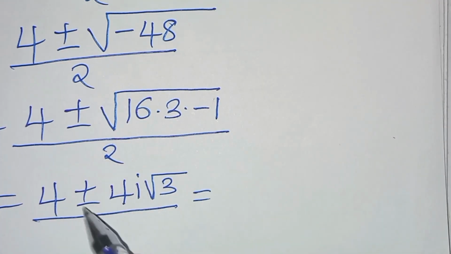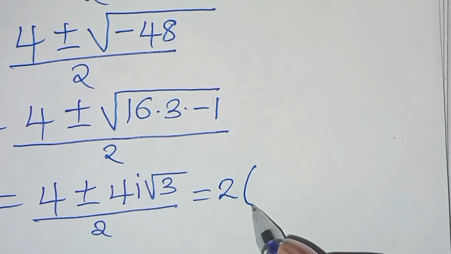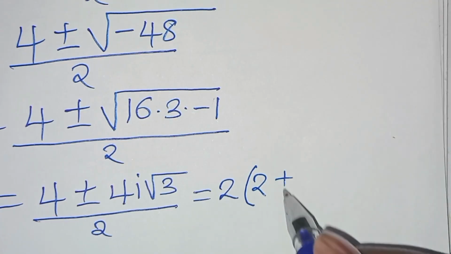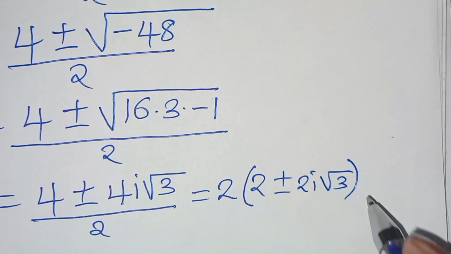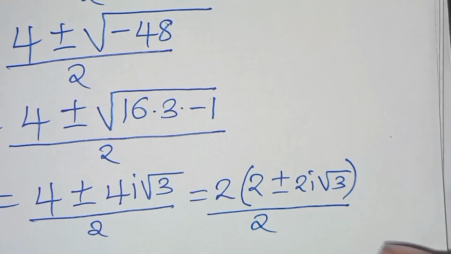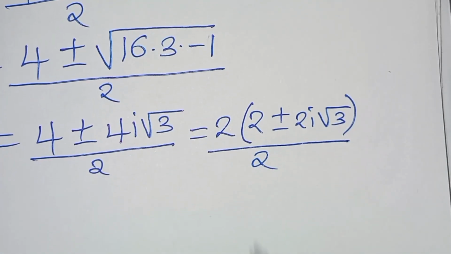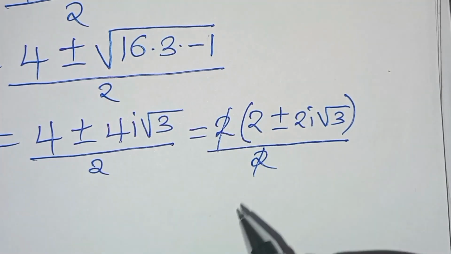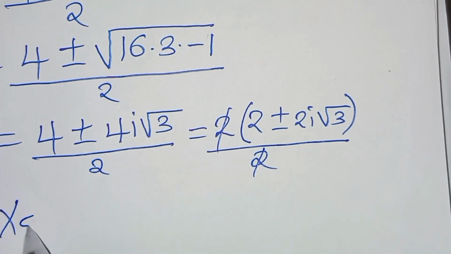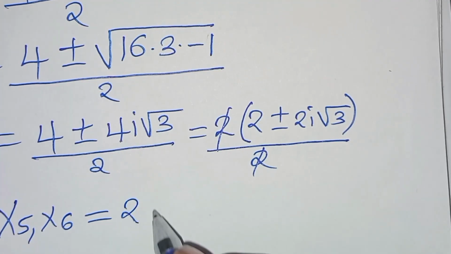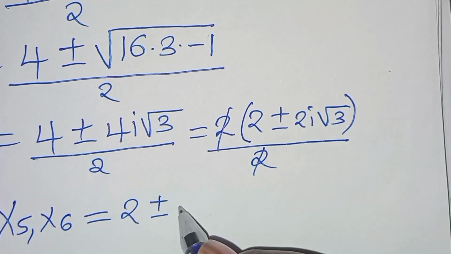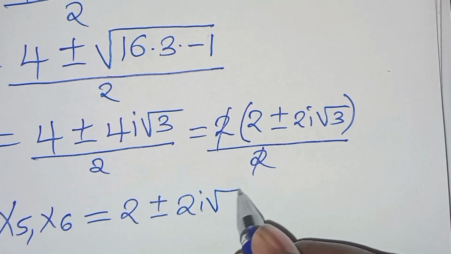So 2 is common here. We can factor out 2 so that we have 2 plus or minus 2i square root of 3 divided by 2. Let's simplify, so that x5, x6 is equal to 2 plus or minus 2i square root of 3.